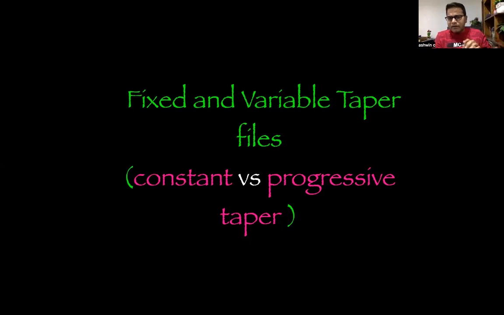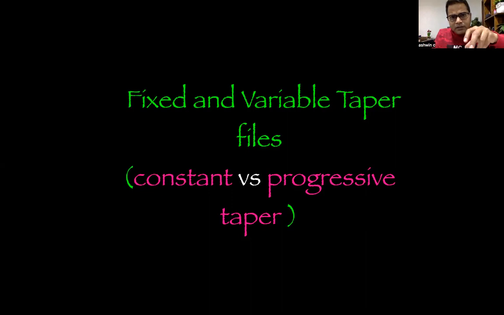So what is the advantage of this progressive taper file? It is quite flexible at the tip, at the end, and it is quite sturdy at the coronal part of that file. How will it be used? A single file is used to prepare the coronal part on the top, and it will remain flexible when it goes in the curved part. Understand?